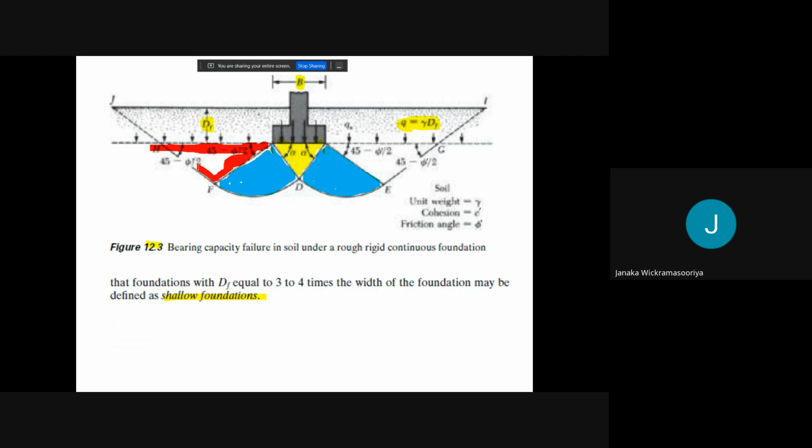This triangular area and this triangular area.